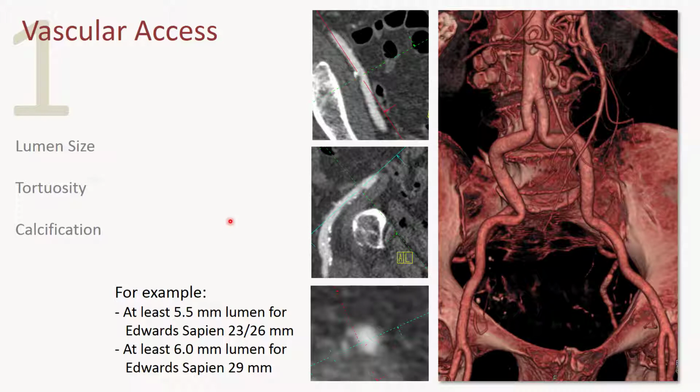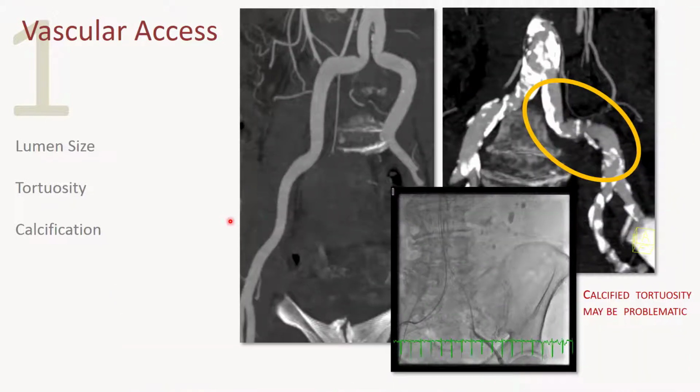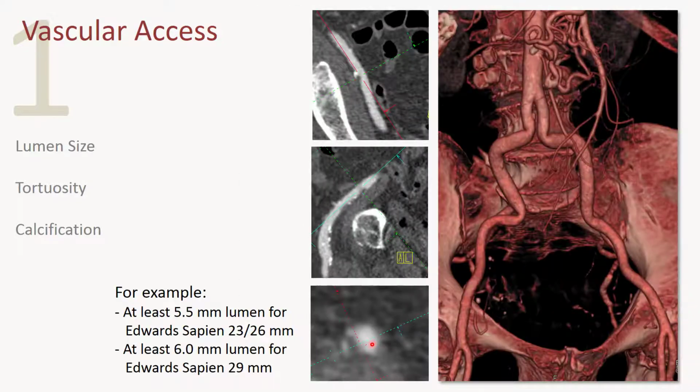The second aspect is tortuosity. Tortuosity can be problematic when the vessel is calcified. Here you can see a calcified 90-degree angle. And here you can see the problem that ensues, and now the video doesn't seem to be running anymore. I'll try it again. If there's a calcified angle, sometimes the sheath will get stuck and you cannot straighten the vessel.